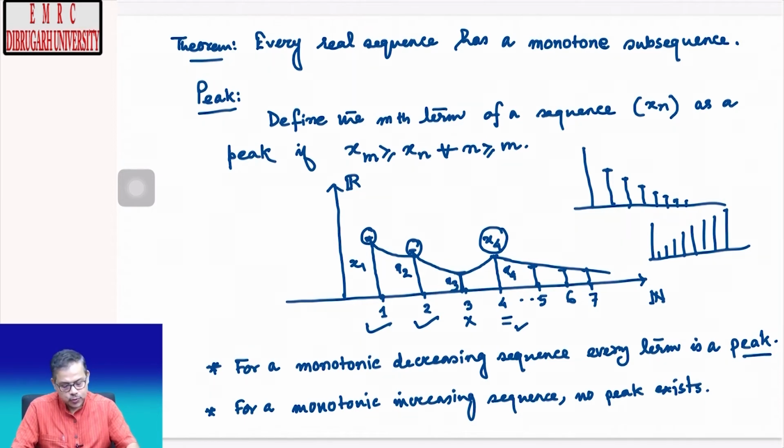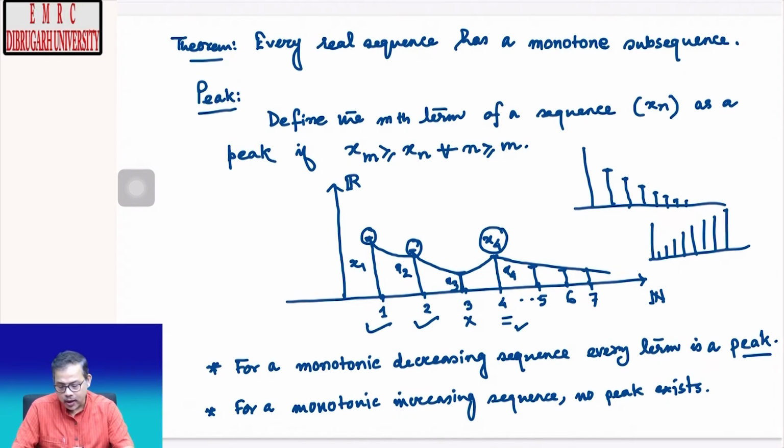So, these are two special cases of existence or non-existence of the peak. In a monotonic decreasing sequence every term is a peak, whereas in a monotonic increasing sequence there is no peak.